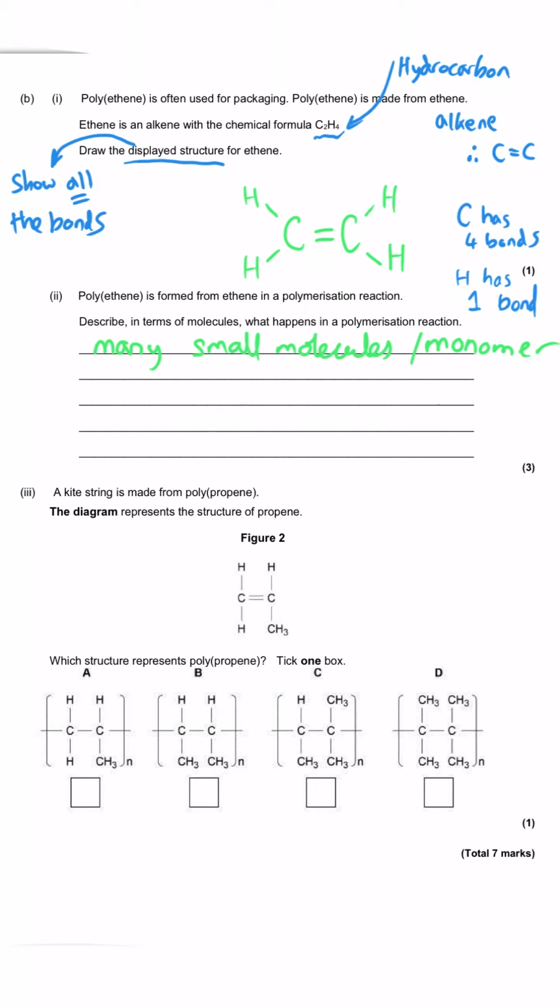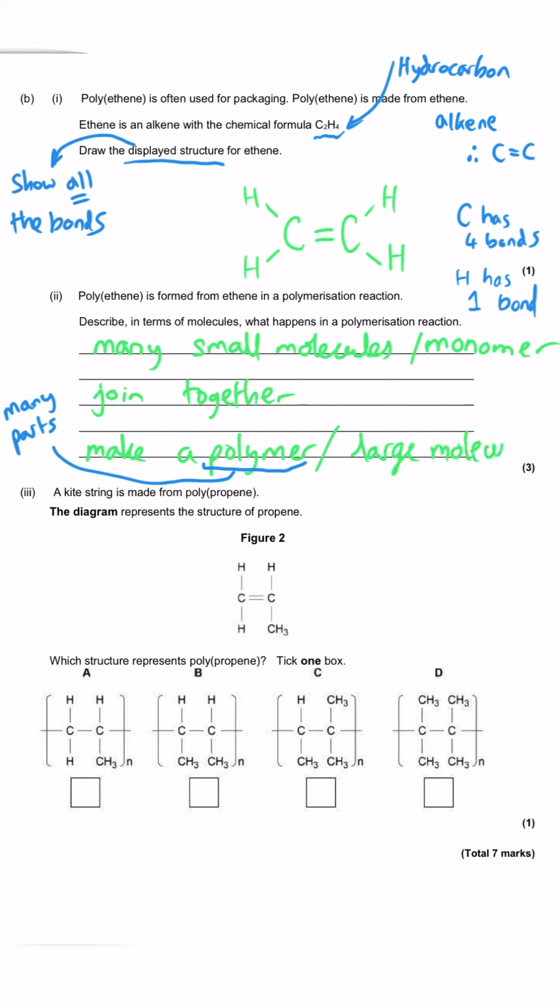And so these are single small molecules, and what happens is they join together. We don't need most of this space, so I'm going to leave a line. So they join together and they make a polymer. And instead of saying make a polymer, you could describe the polymer, which is a large molecule. So the small molecules join together to make one large molecule, so many small molecules.